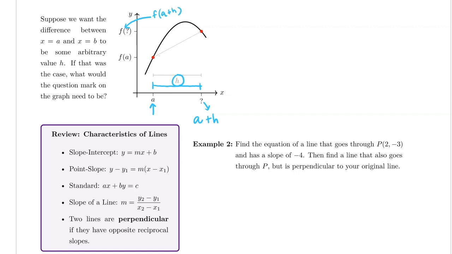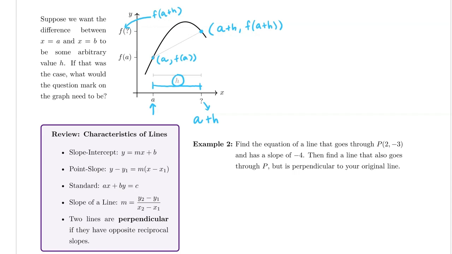So let's clarify. This first ordered pair would be (a, f of a), and then this ordered pair here, the x value will be a plus h, and then the y value will be f of a plus h.